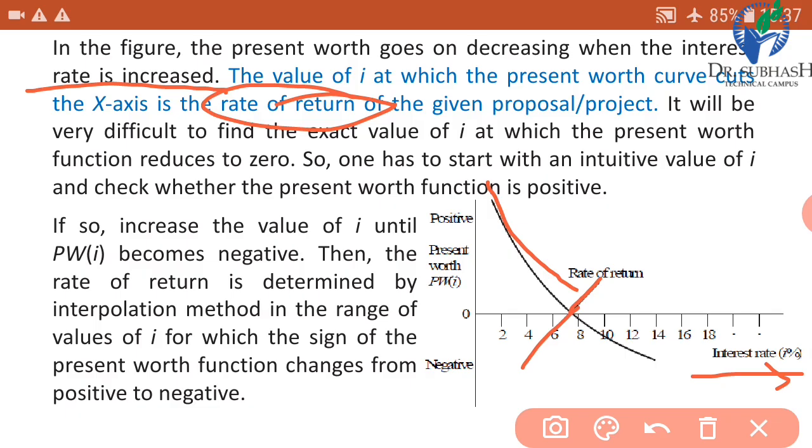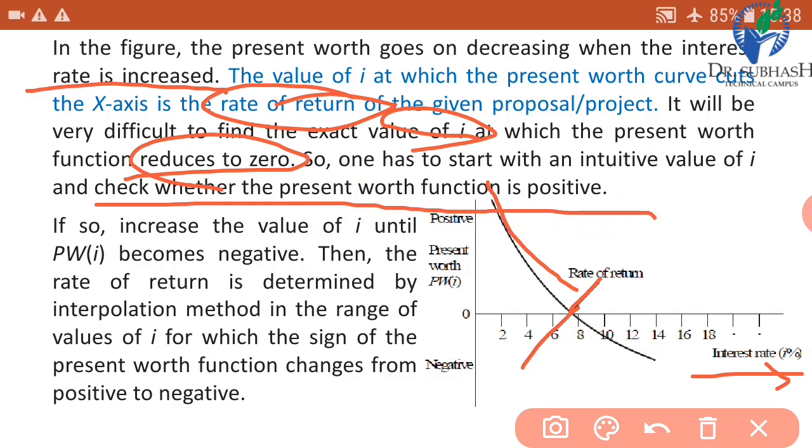It will be very difficult to find the exact value of i at which the present worth function reduces to 0. So one has to start with an intuitive value of i and check whether the present worth function is positive. Then increase the value of i until the present worth becomes negative.